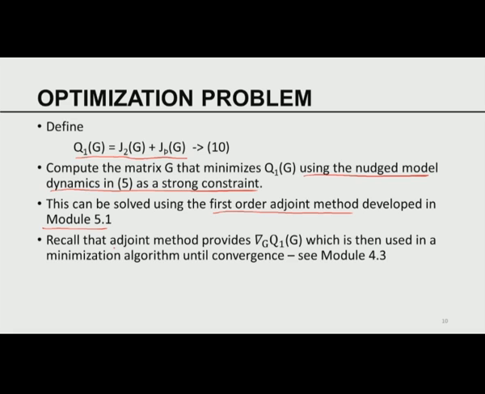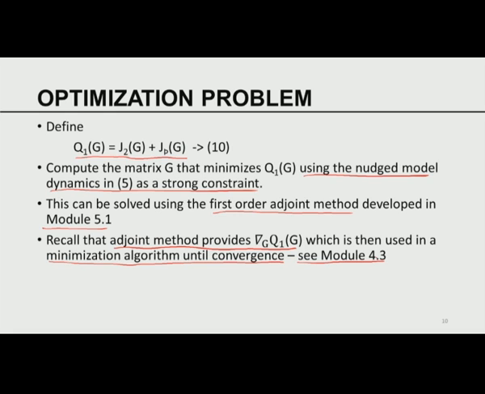Recall that adjoint method gives rise to the gradient, which is then used in some minimization algorithm until convergence, and we have already talked about minimization algorithms in module 4.3. So because we have done a lot of things relating to adjoint methods, relating to optimization methods, our discussion becomes simpler because we don't want to repeat the entire derivation.